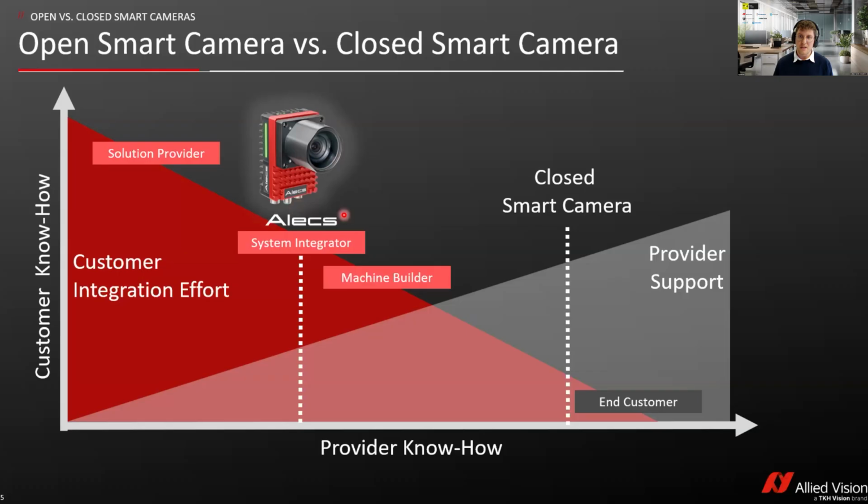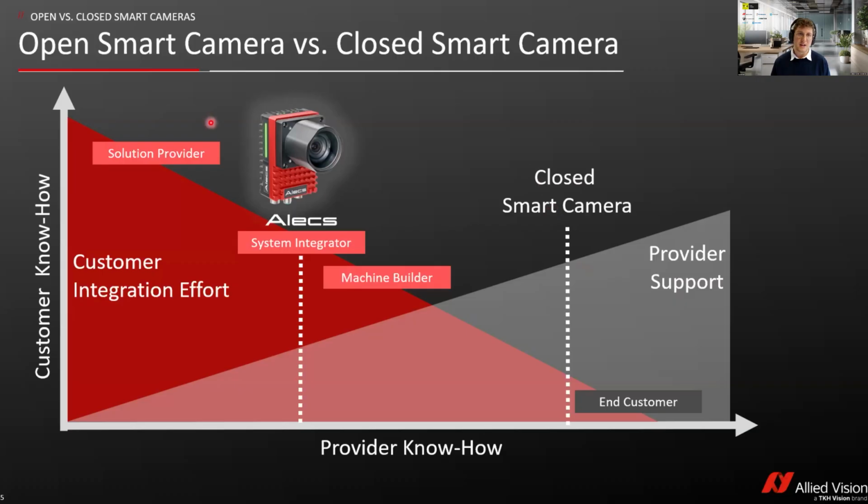On the other side, when the end customer, the end user, wants to have a smart camera system, they expect, as mentioned, the functions and in most cases that it's easy to use. But there the know-how is at the provider, and the provider needs to sell directly to the end customer. So there's a lot of effort necessary, for example, with field application engineers to set up the solution. But in between, there is a gap, and closed smart cameras fill this.